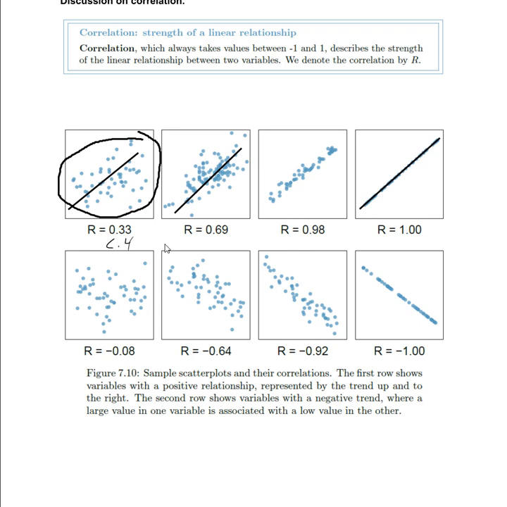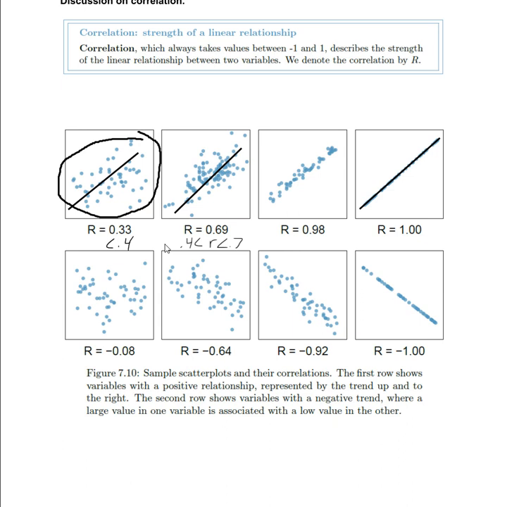If R is above 0.4, but not much higher, perhaps below around 0.7, then we say that's a good correlation, right?